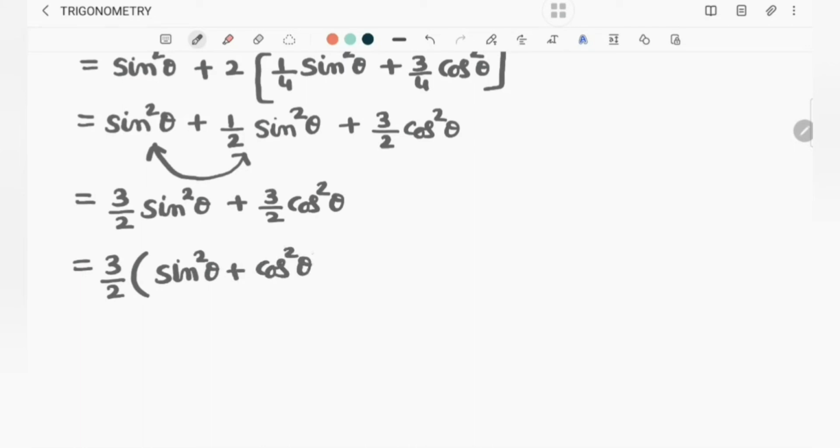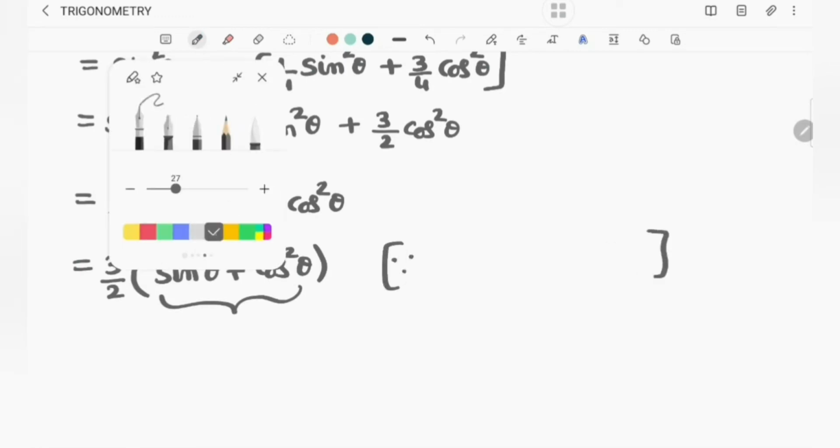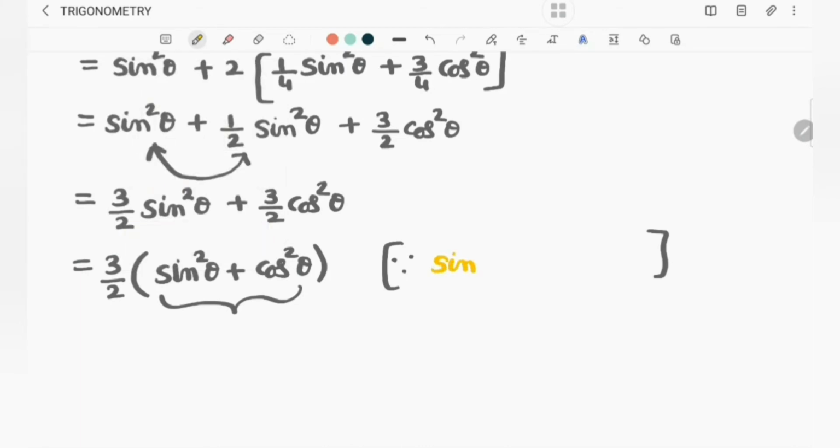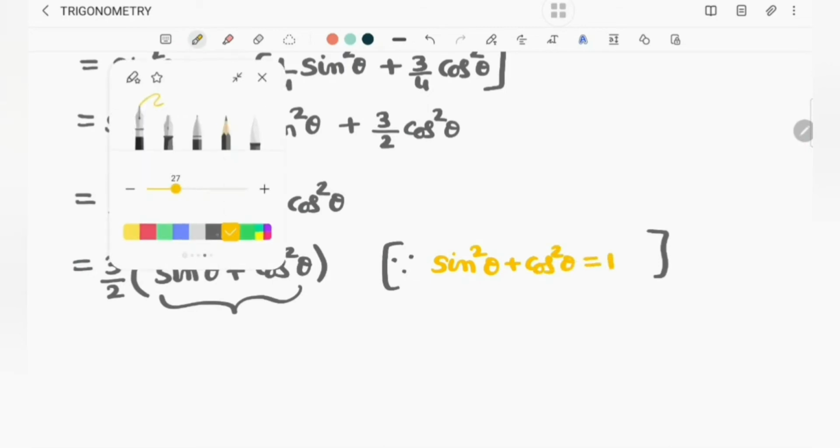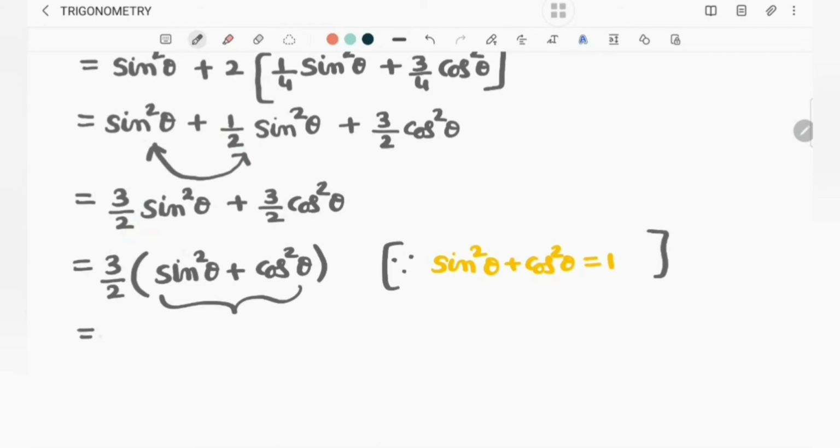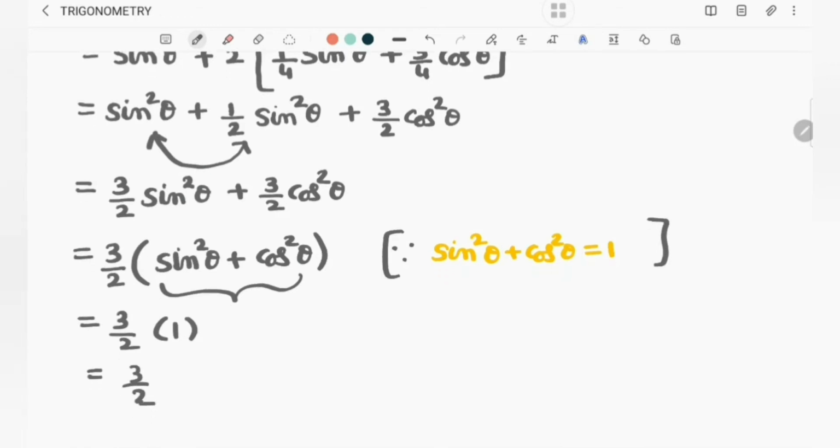We know that sin square theta plus cos square theta is equal to 1. So therefore 3 by 2 into 1, which is equal to 3 by 2, which is the required RHS.